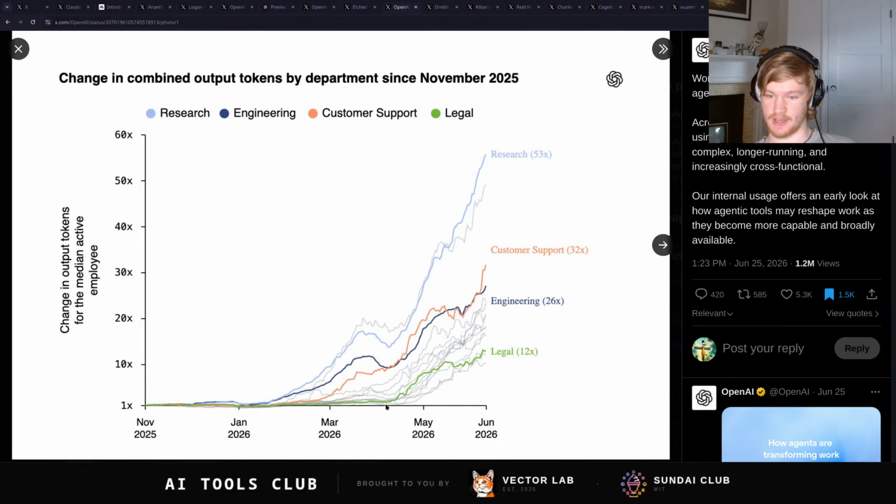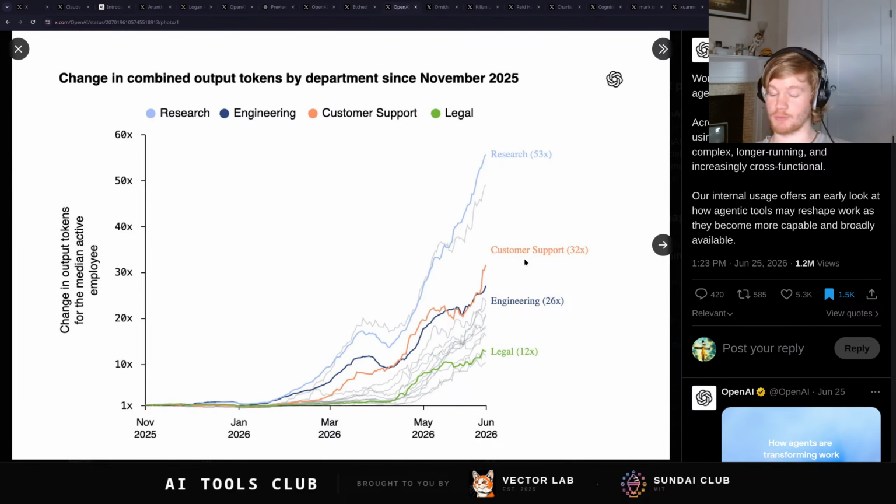And this is growth based on the last 8 months in token output for these different tasks. As you'd imagine, research at OpenAI is probably the biggest thing they're doing. They have hundreds, if not thousands, of researchers working on this, and as these models have gotten better and better, they've seen a huge spike. Same with engineering, obviously.